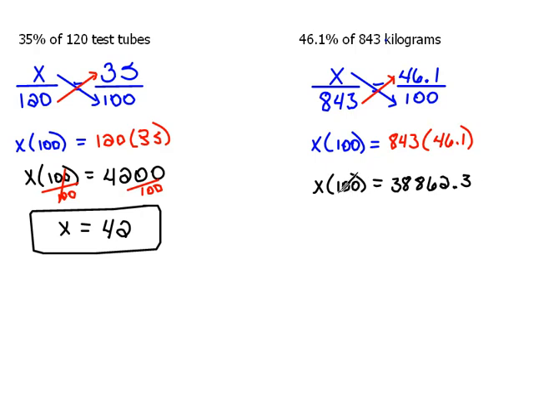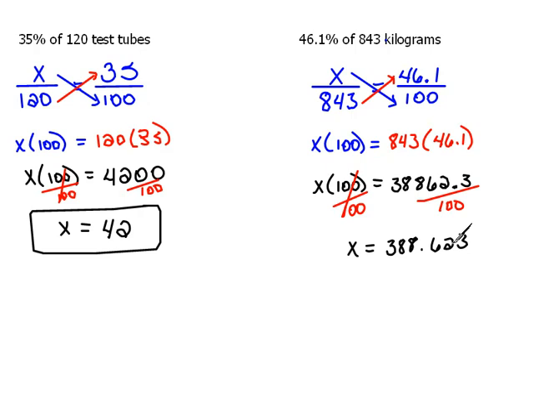Now, we still don't have what x is, so we're going to have to divide both sides by 100, because the opposite of multiplying by 100 is to divide by 100. Now we have x equals 38,862.3 divided by 100, which would be 388.623.